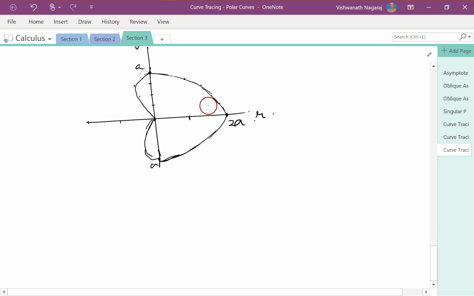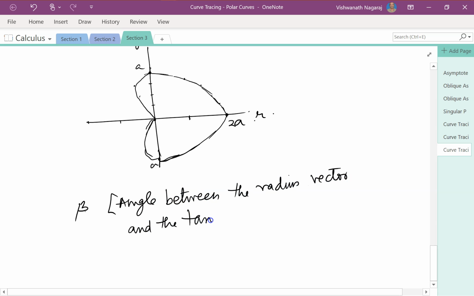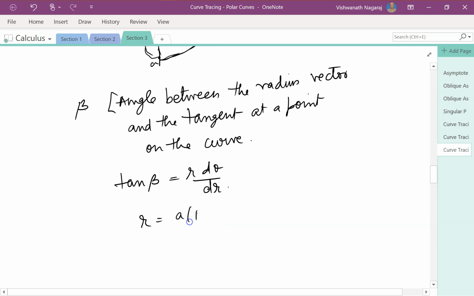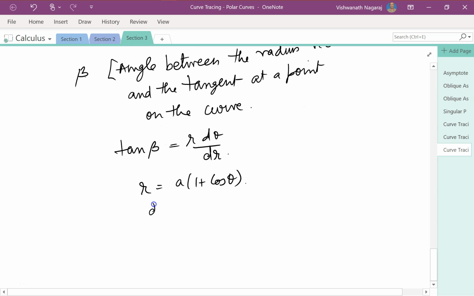If you want to make it more perfect, what we figure out is beta. We know that tan beta is equal to r d theta by dr. r is a times 1 plus cos theta. dr by d theta is equal to minus a sin theta.